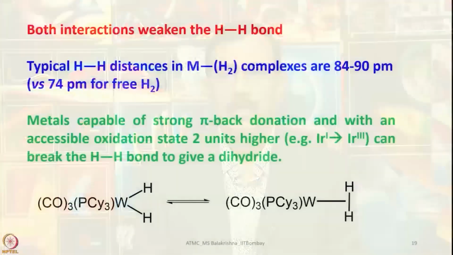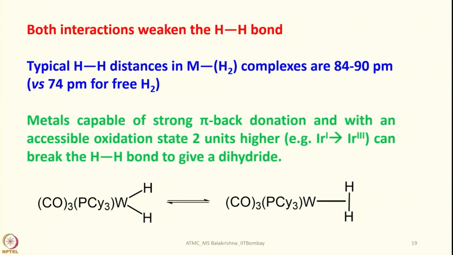If you consider an isolated H2 molecule, the HH distance is about 74 picometer for free H2. When it forms a complex with H2 as a neutral donor, the bond distance increases to 84 to 90, the HH distance I am talking about.